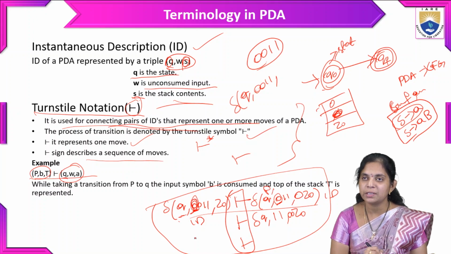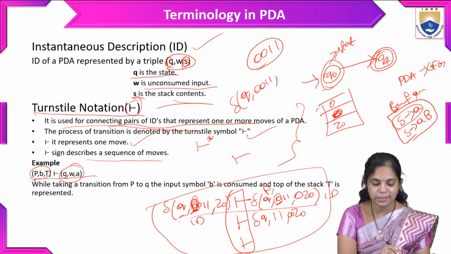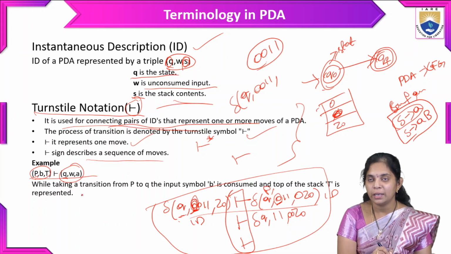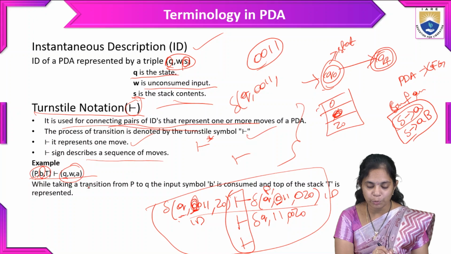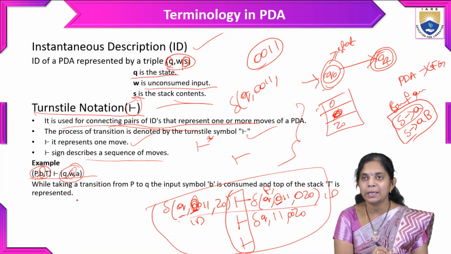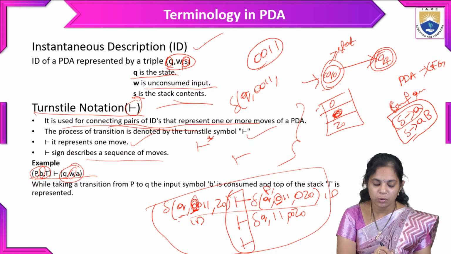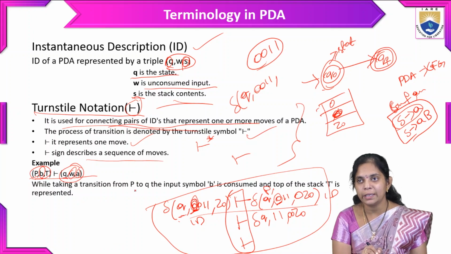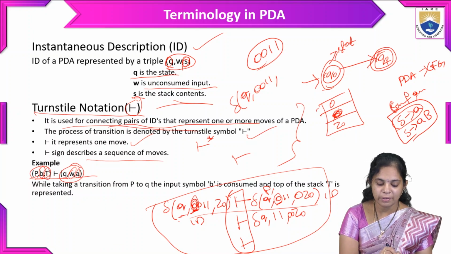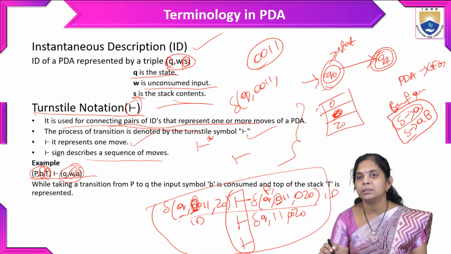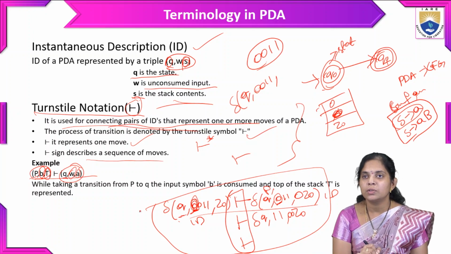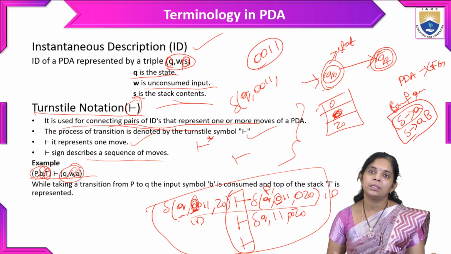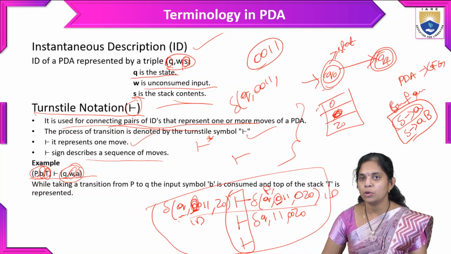So we represent the current state and the next state, and B is the input. After reading B, W is going to be replaced, and A is the value of the top of the stack symbol. These are the terminologies for the pushdown automata.